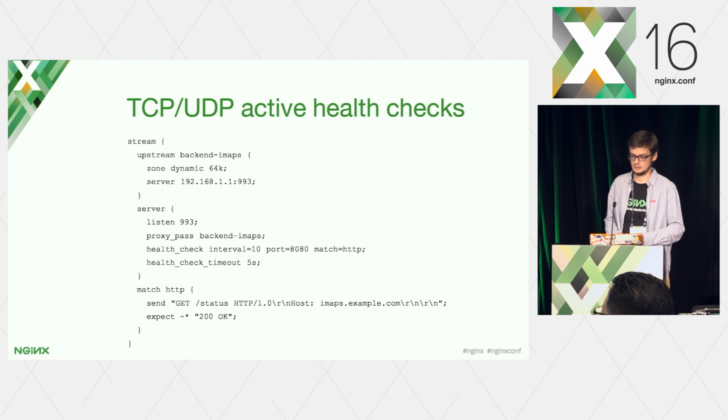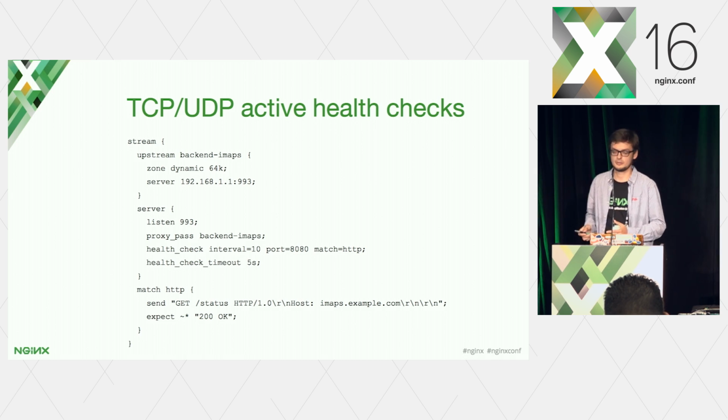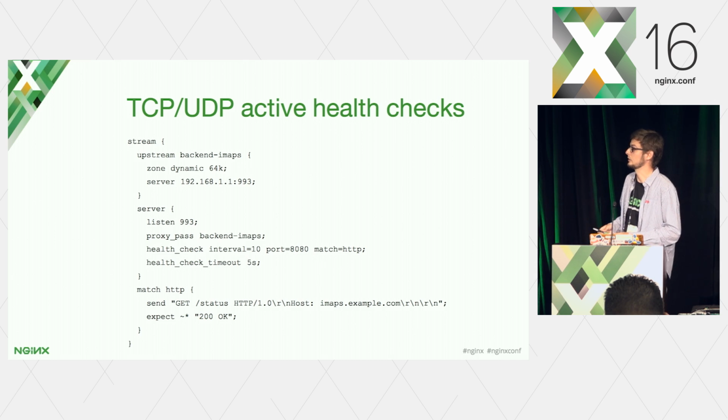So imagine we have an IMAP server, but the status of the IMAP server is actually published on the built-in HTTP server. And we can instruct health checks to not use the IMAP port to connect to, but to use another port and to send and expect a specific request and response on there.